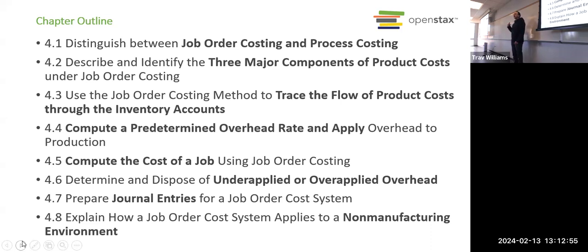We will see how we could apply the same approach to making a movie, which is not a physical product, right? It's an intangible product, but you can still track the costs in a similar way. Just the terminology changes a little bit. So that's what we're going to focus on this week.